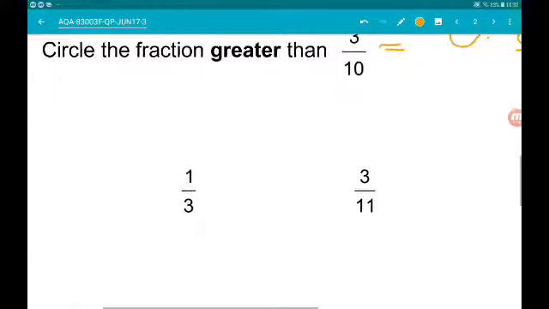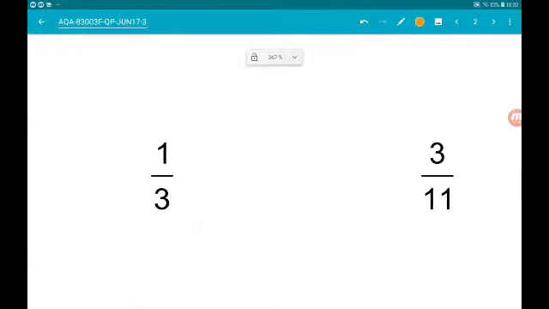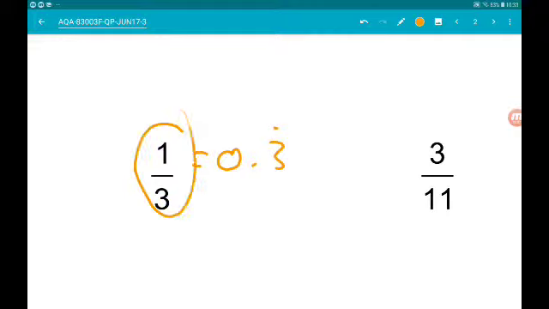Now if we do that for 1/3, we get 0.3 with a little dot above it. That means 0.33333 forever, 0.3 recurring. That is bigger than 0.3. So that is our guy.